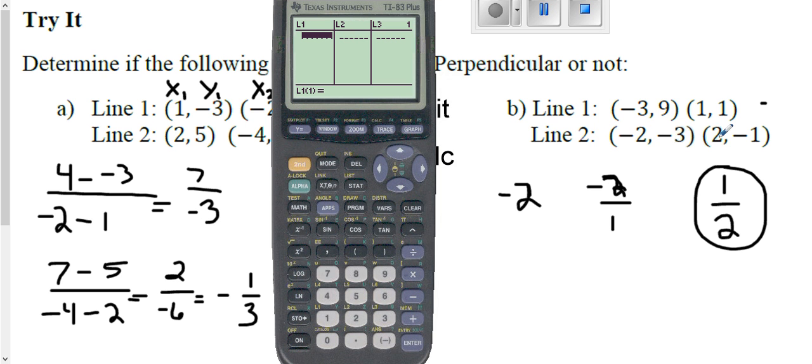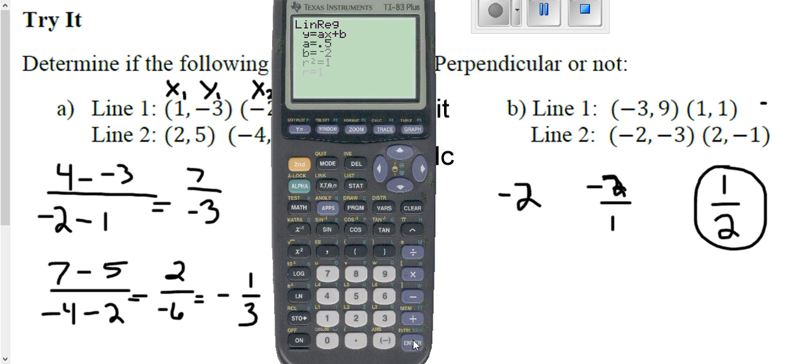So our x's are -2 and 2. And our y's are -3 and -1. All right, StatCalc time.